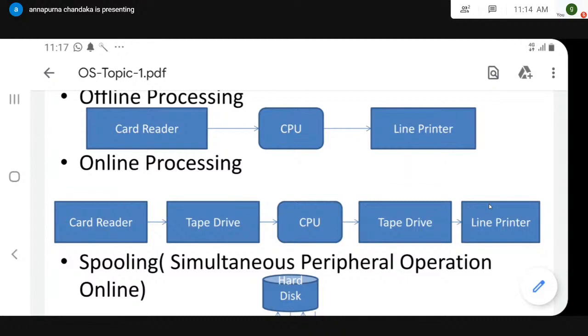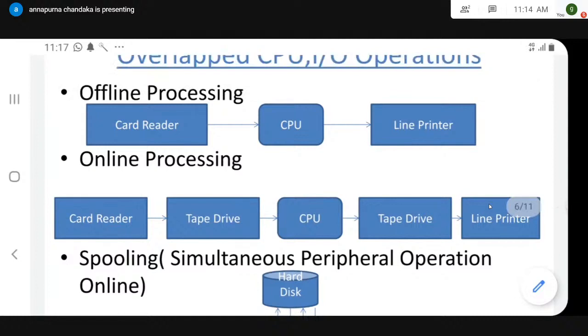But the nature of tape drives is that they are only sequential access devices, in the sense that you can read line by line, but you cannot move randomly to a particular position. And the second disadvantage of the tape drive is that you can do only one job at a time. The tape drive does not have the capability of doing three or four jobs at the same time.